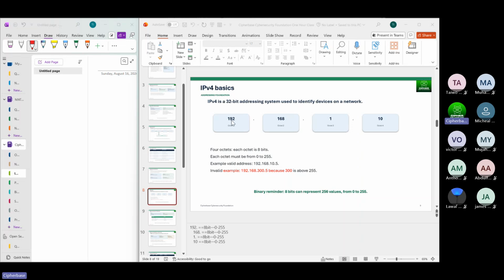In this IP address, this is what we call an IP address here: 192.168.1.10. As you can see, IPv4 is a 32-bit addressing system used to identify a device on a network. If you do anything wrong in any company you are working with, the only thing they need from you is your IP address.